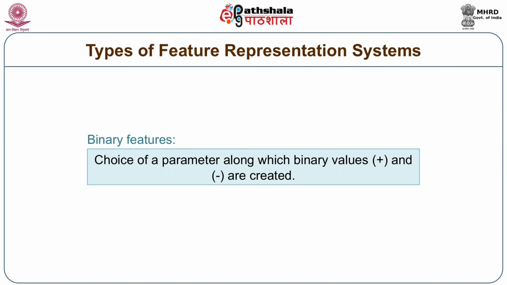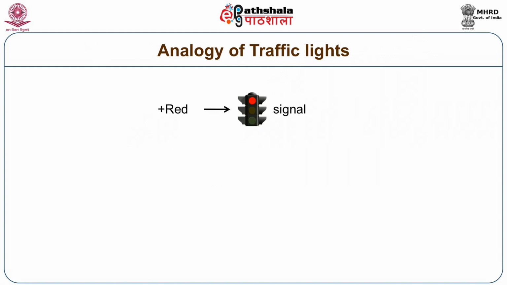One, we can use a binary feature geometry, where features are specified for either plus or minus. They indicate a binary opposition. That is, plus red means has the property red, minus red means that it does not have the property red, therefore it could be either green or yellow.